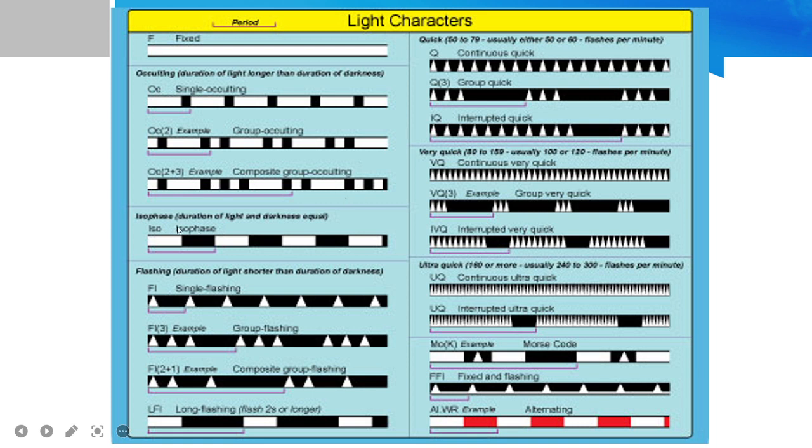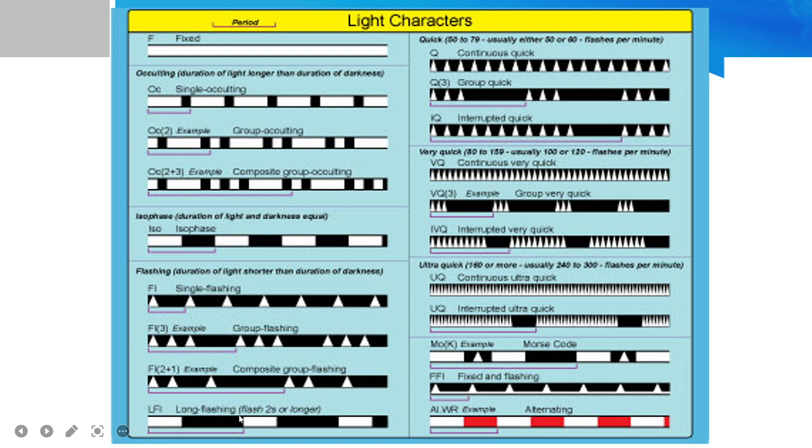When the duration of light and darkness are equal, it is isophase. Then longer flashing, one light. Flashing is when the duration of flash is shorter than the duration of darkness. Single flashing, a group flashing is a group of three, and the composite group flashing is 2 and 1.